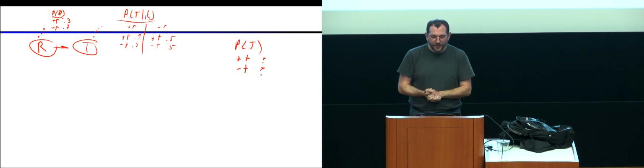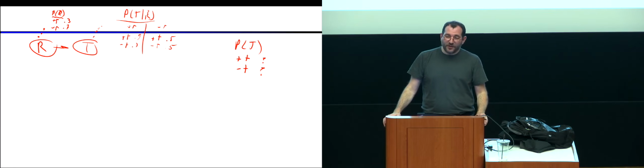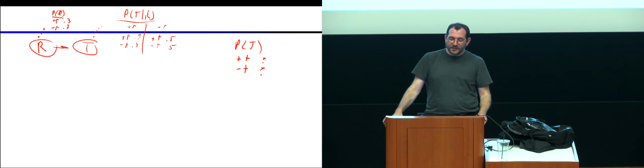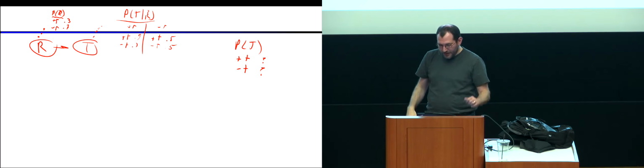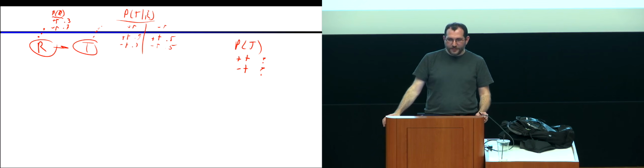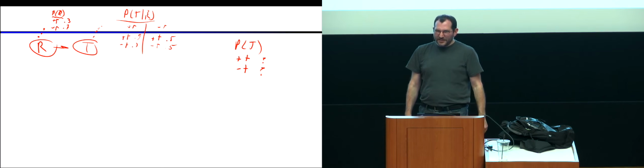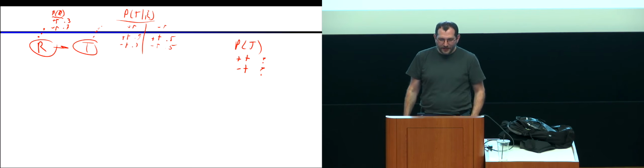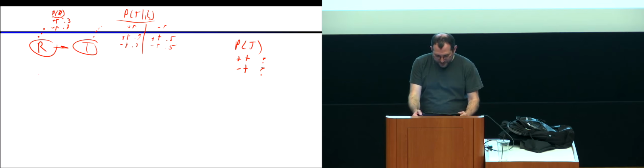Today is sampling day. Instead, I could draw some samples from this network and use these samples to compute some quantities. So let's compute the probability of plus T in this network according to samples. I would need to call something like Python's random in order to get fair samples, so I'm just going to make stuff up. What's my first sample going to be?